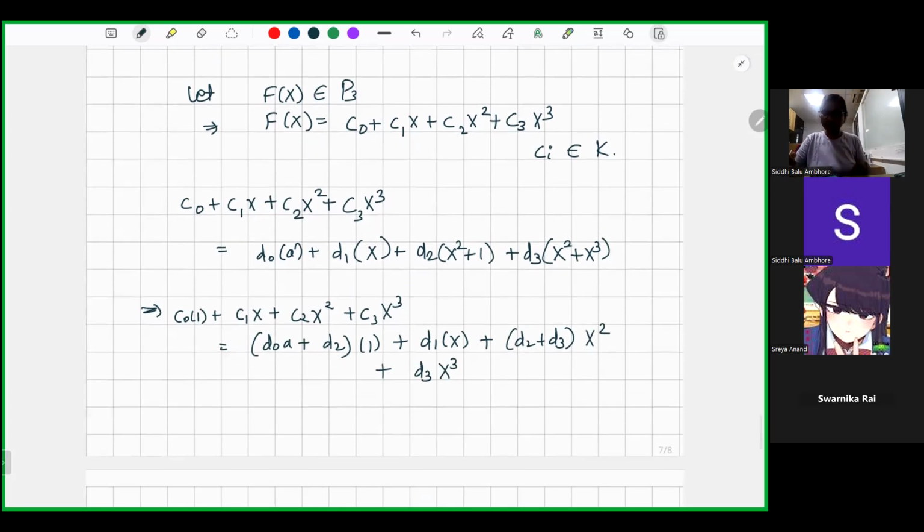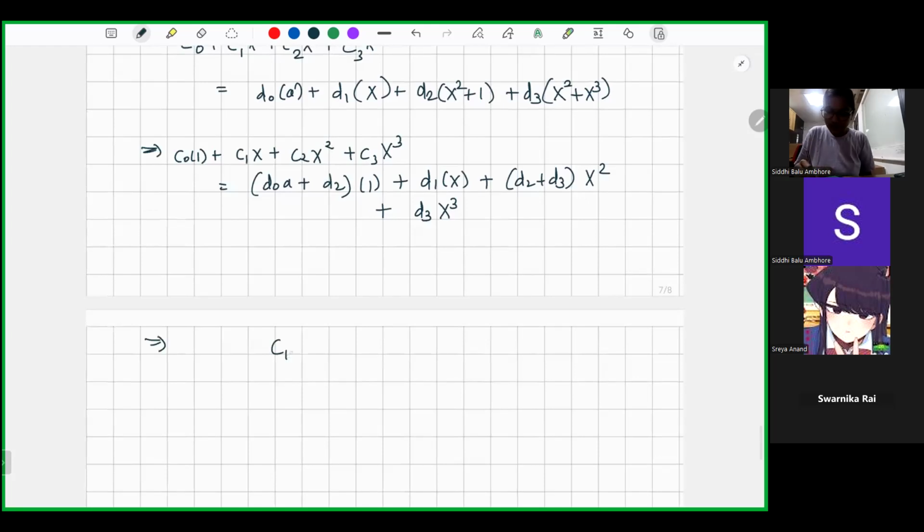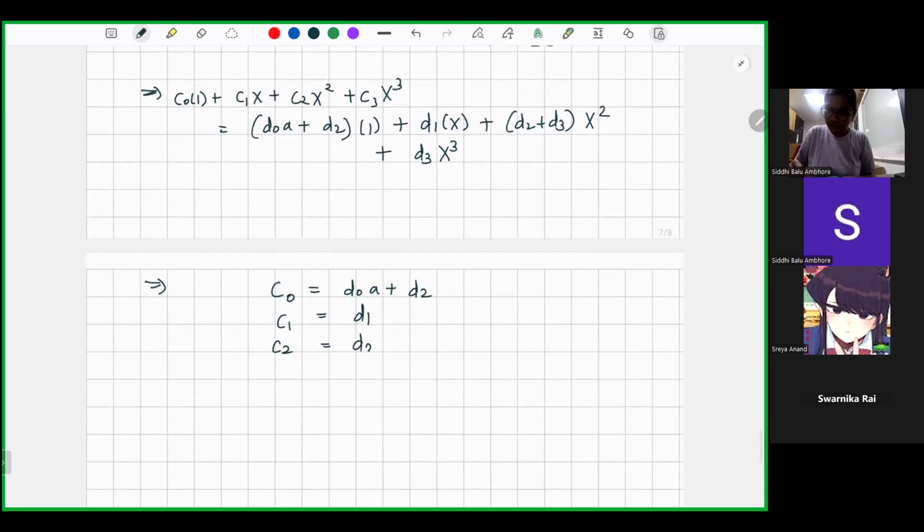I hope I did not miss anything. So if I compare the coefficients, I get C0 equal to D0 plus D2, C1 equal to D1, C2 equal to D2 plus D3, and C3 equal to D3. Or if I just shift it from here to here.